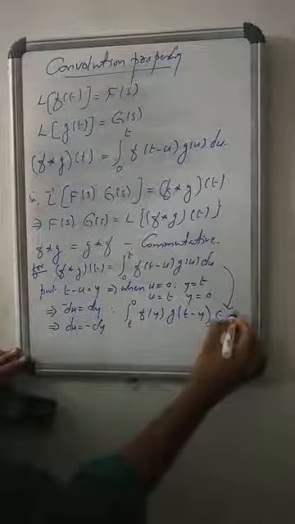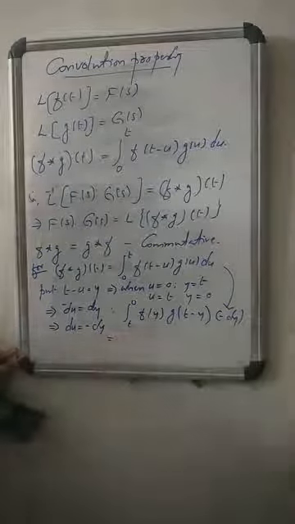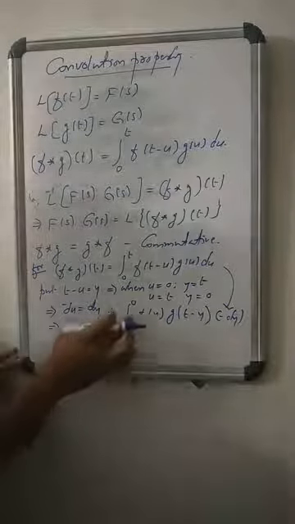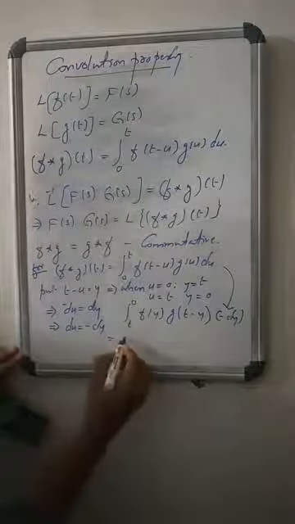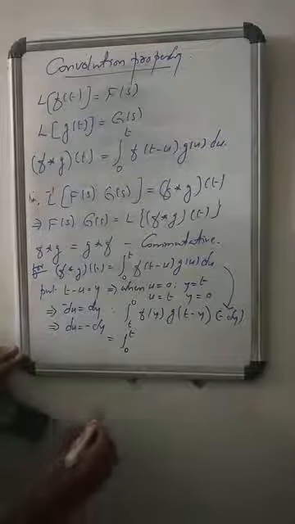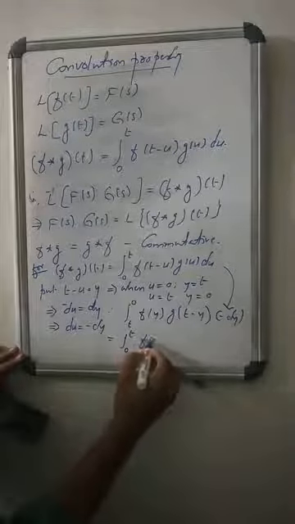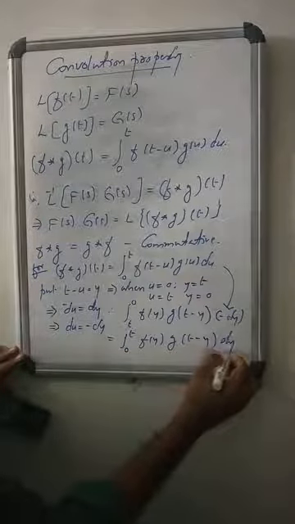And du is minus dy, so take the negative outside: minus of integral t to 0, which is integral 0 to t as the limits are interchanged, f of y into g of t minus y dy.